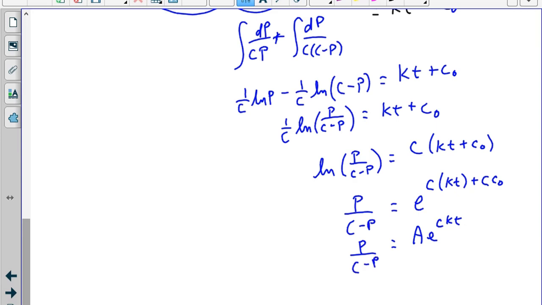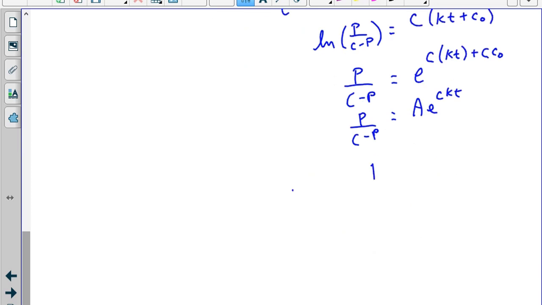Now I'm going to multiply both sides by c minus p. Remember that c is the carrying capacity. Now what I'm going to do is distribute.